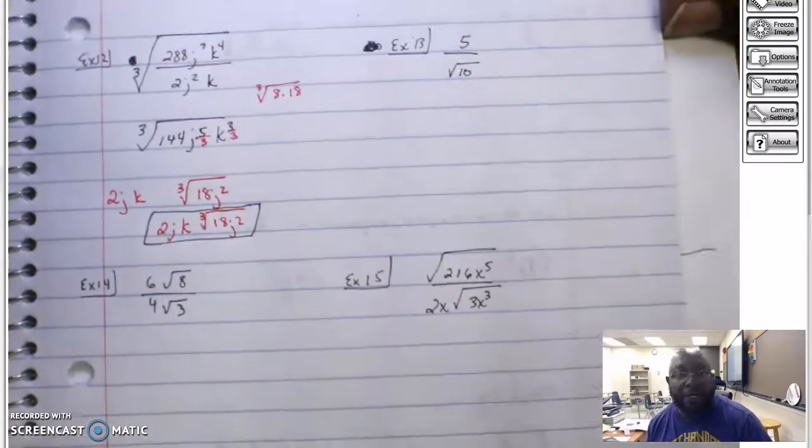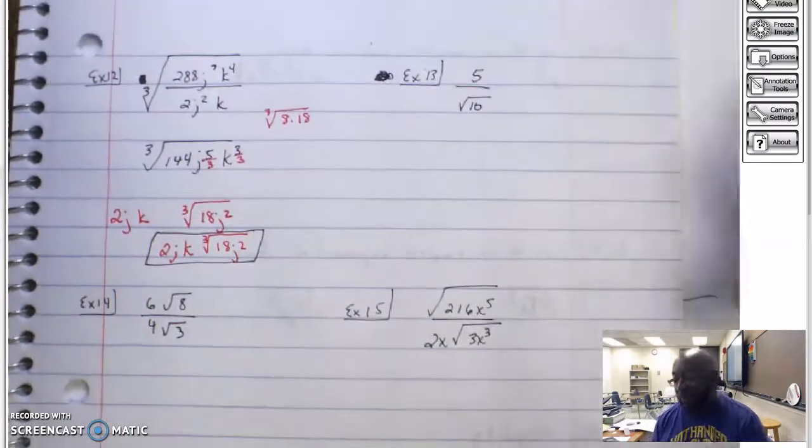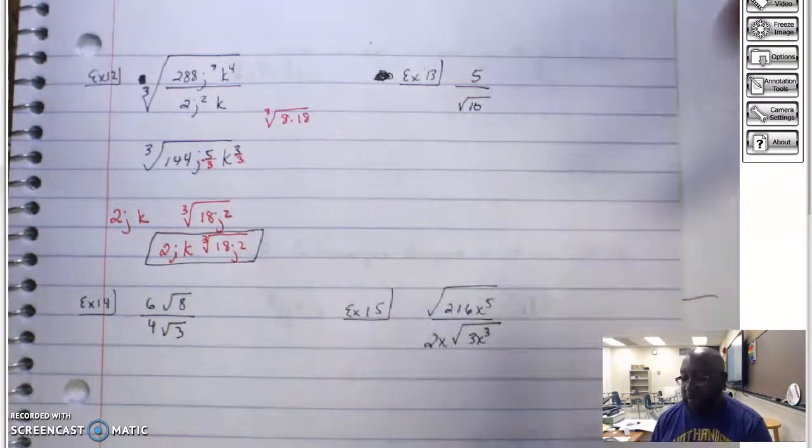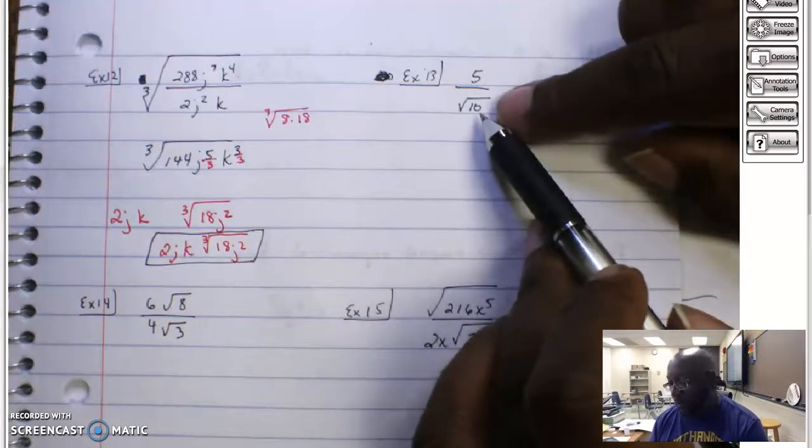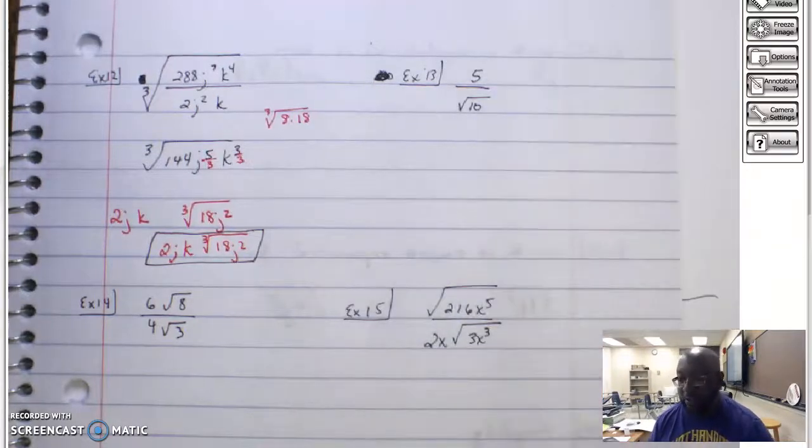Okay, so now this is the first example where we don't have a situation where the denominator goes into the numerator. So this is where we come into rationalizing the denominator.